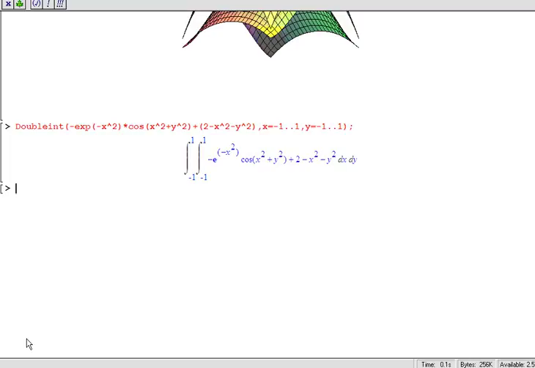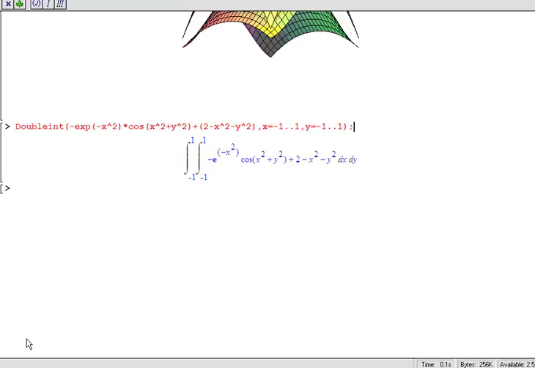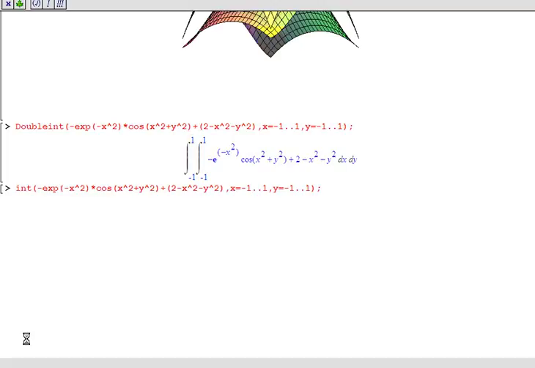Okay, then I'm going to just integrate with respect to x first. See, this just gives us the symbols. Okay, so I'm going to integrate this with respect to x first.